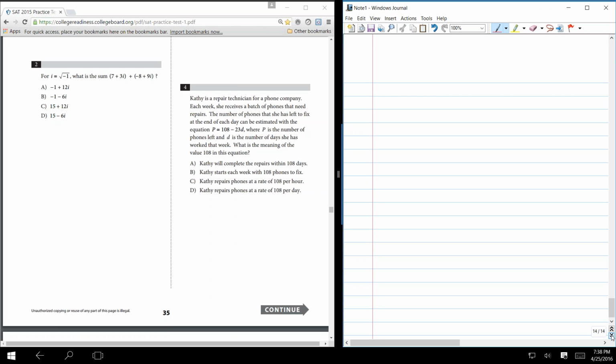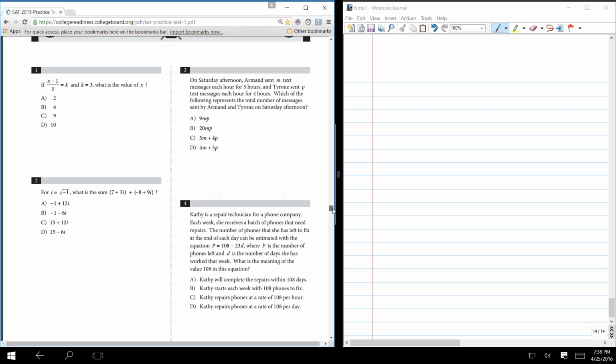So that one you just combine the like terms. Exactly. So what do you get? -1 plus 12i. Okay. Good. I have to go with A for that one. Yeah. Notice that you really didn't need to know what i was. Exactly. You just needed to combine like terms.